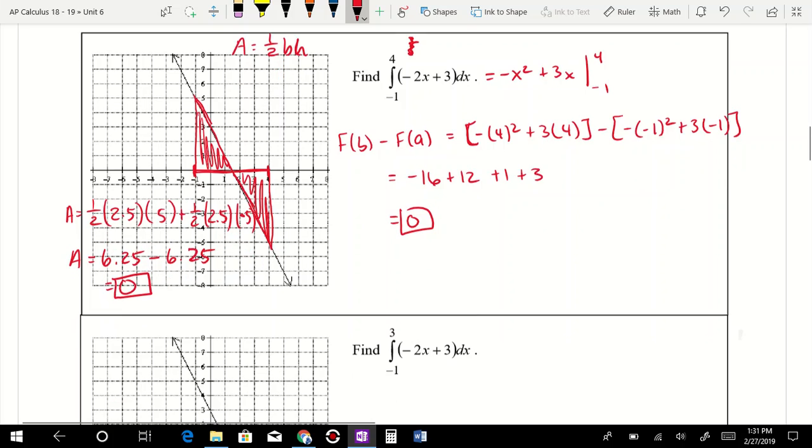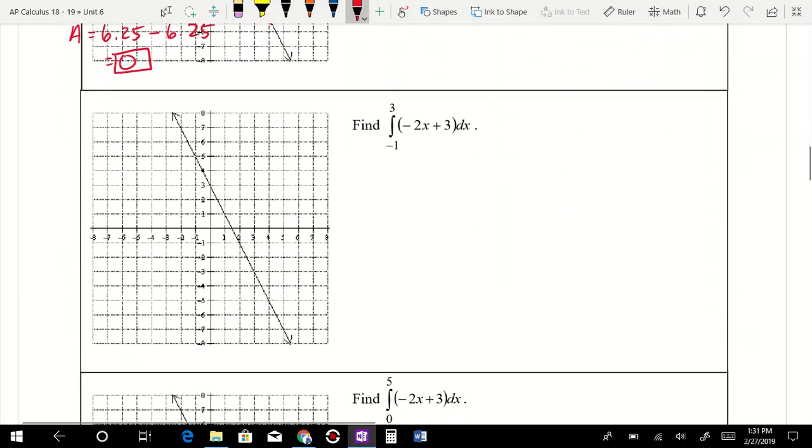Right? We're going to do one more problem on this page just to get in the habit of identifying when an area will be negative. So here, again, our antiderivative is negative x squared plus 3x, and we're looking at the interval from negative 1 to 3. So FTC says F of b minus F of a.